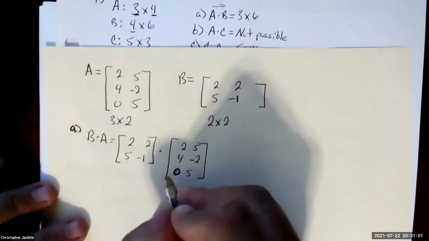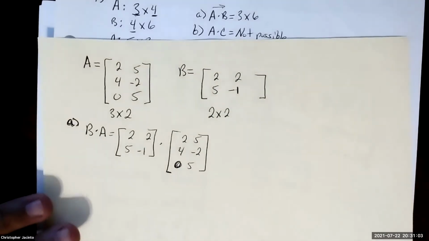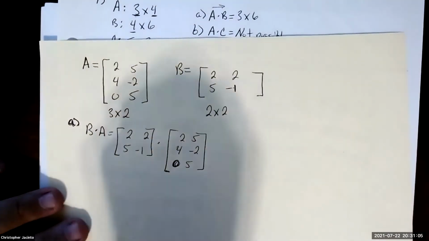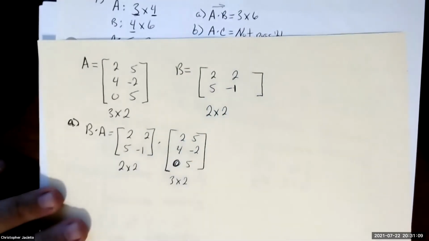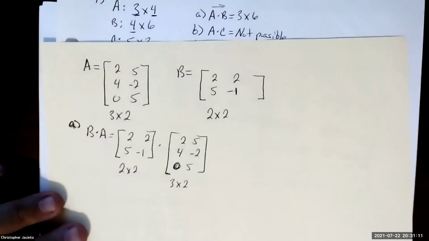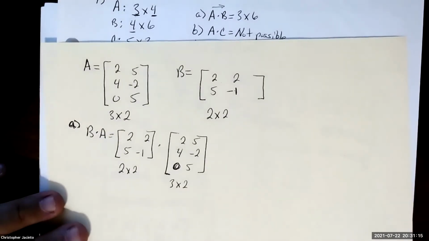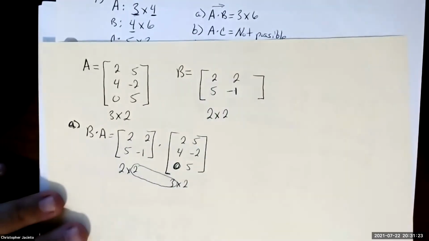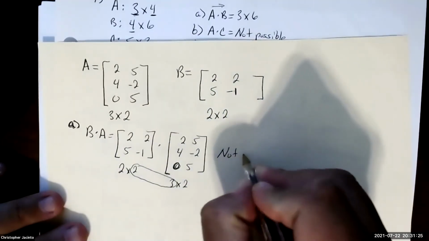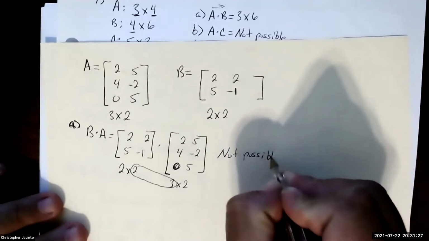So before we do anything, the question is this possible? This is a 2 by 2. This is a 3 by 2. Can we multiply? I thought we can't, right? Because the 3 would actually have to be a 2. Yep, these are not the same numbers, so this is not possible. And you're done.